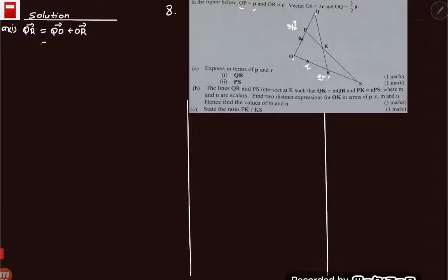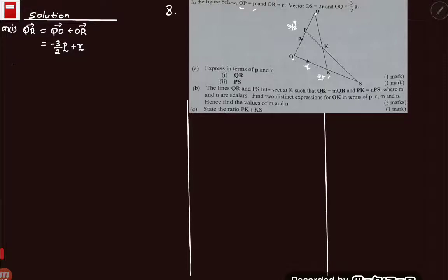Now QO is the negative of OQ, so that is negative 3/2 P plus OR, which is R. And that is our expression for QR.